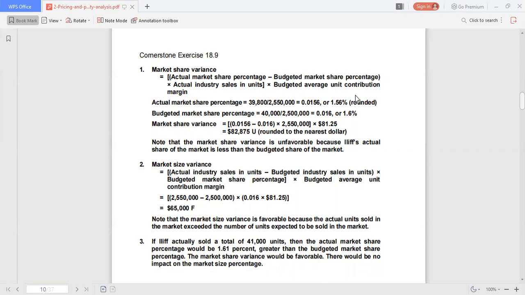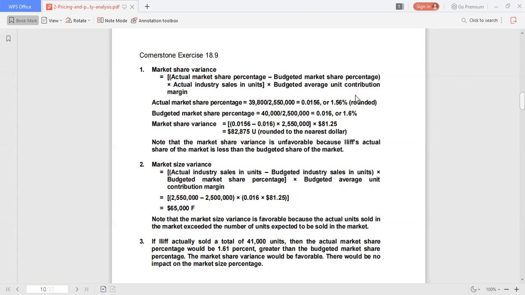So we have sales in units of 15,000 plus 14,000. This is the actual sales in units of our convection oven. The budgeted is 25,000 for the toaster oven, and for the convection oven 15,000. In actual, the toaster oven is 25,800 and the convection oven 14,000.